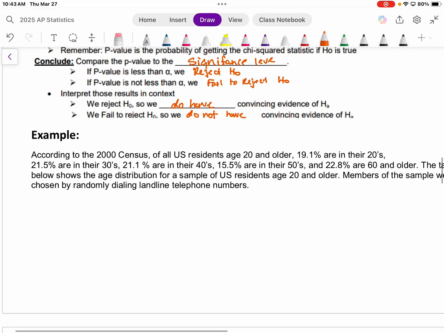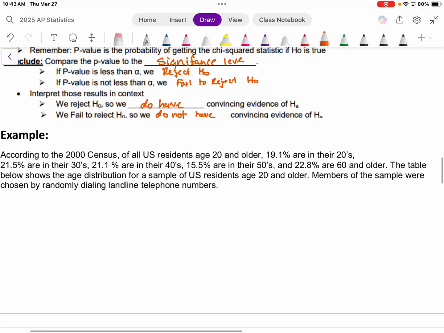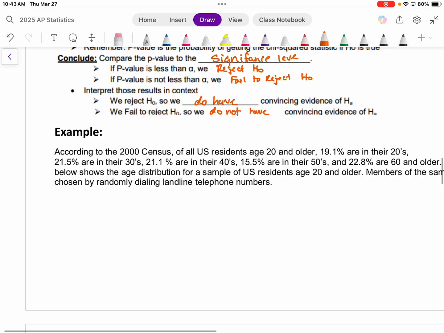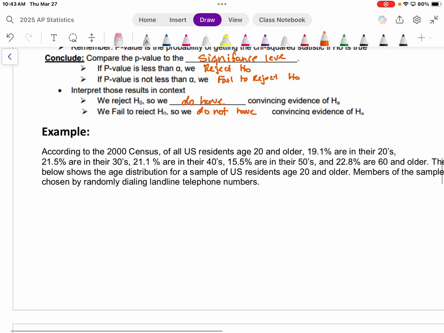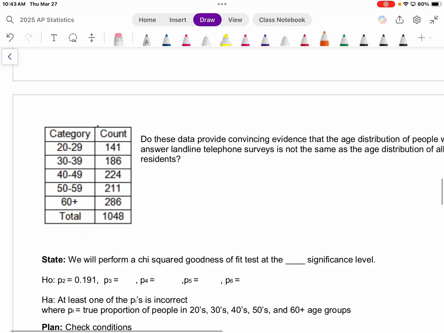The table below shows the age distribution of a sample of U.S. residents aged 20 and older. Members of the sample were chosen by random dialing landline telephone numbers. Fantastic. So there's my table.